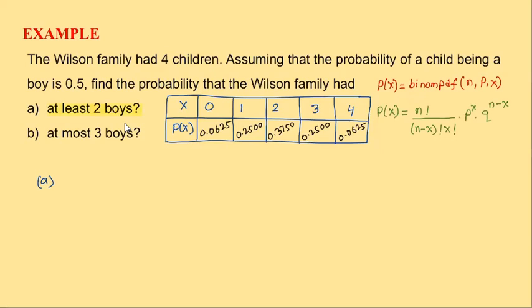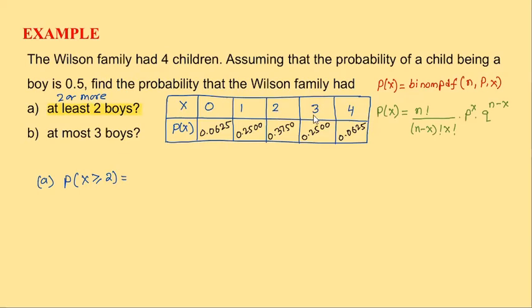At least 2 boys means 2 or more boys. So we can write that as the probability that x is greater than or equal to 2. Greater than or equal to 2 means 2, and more than 2 is 3 and 4. That means we have to find the probability of these 3, and since here it is OR, we have to add.